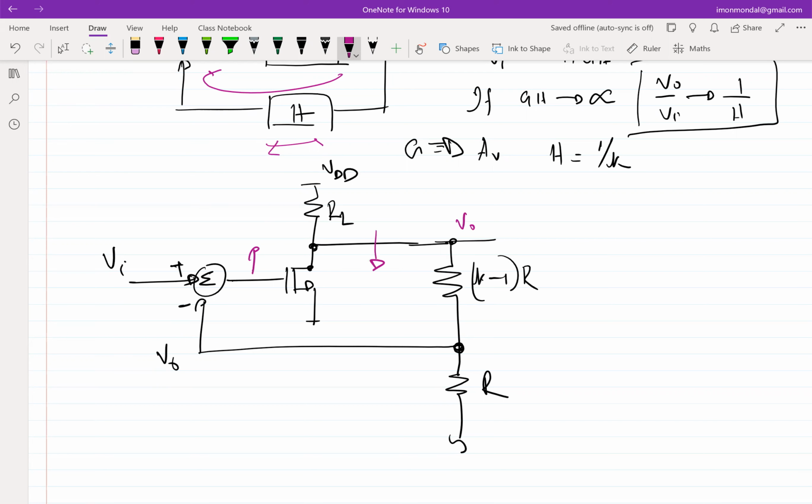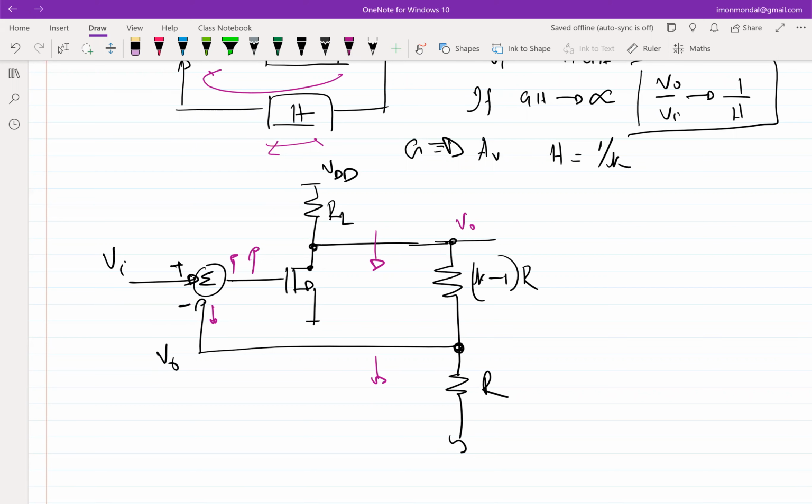V0 will reduce. So this reduces. What happens to the error voltage? It increases. You have negative here. So negative, it increases, changes direction, which means this is clearly not in the right direction. This loop will not settle in the right direction. It will only keep on amplifying the error in the wrong direction.